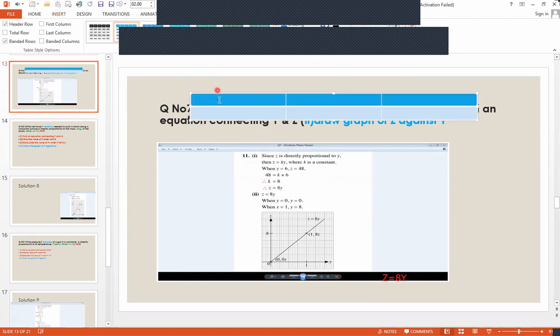Look here. They are saying z is directly proportional to y. So here we have to put the value of y, and here we have to put the value of z.